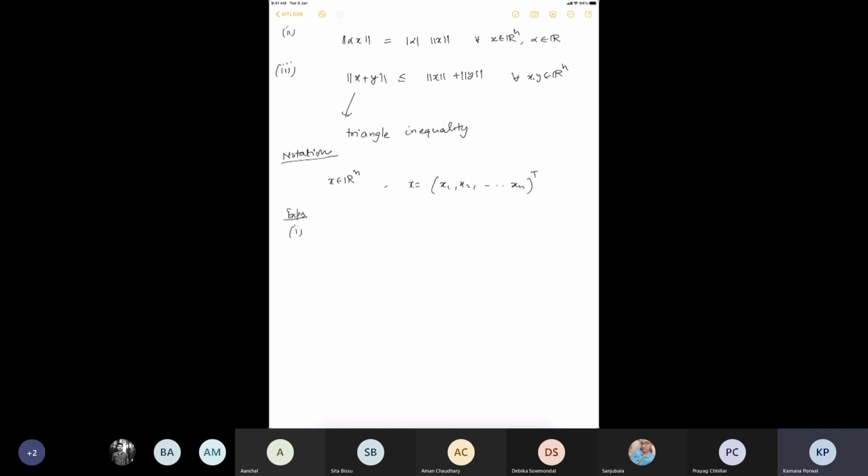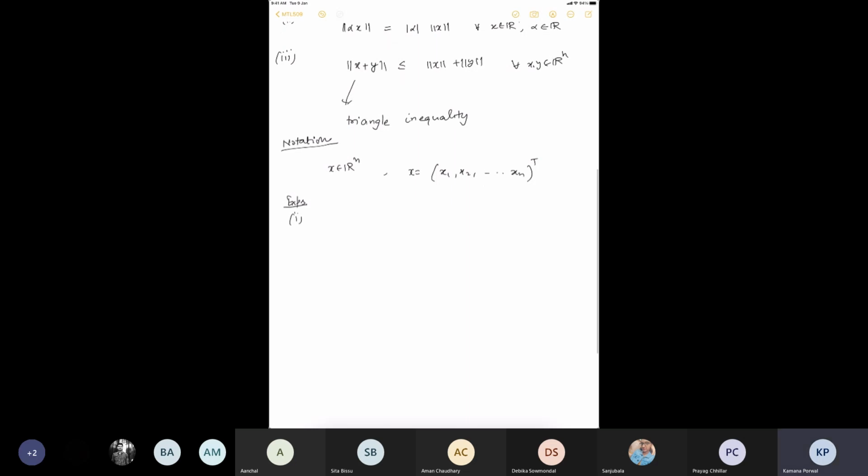Euclidean norm? I think you'll be familiar. On R2 at least you'll be familiar with the various norms, right? At least the Euclidean norm you might have come across at many places. So the first norm which we can define on Rn is the Euclidean norm.